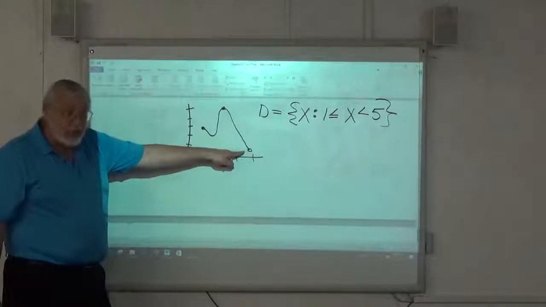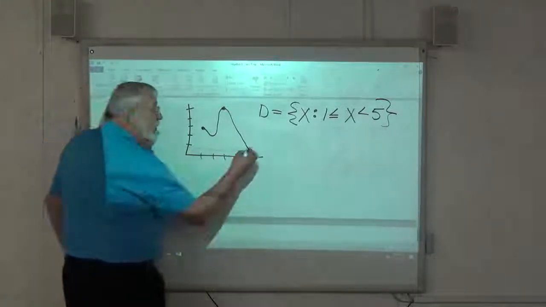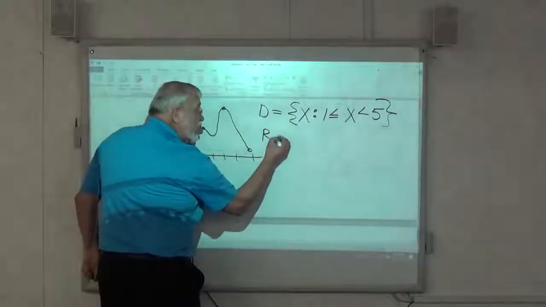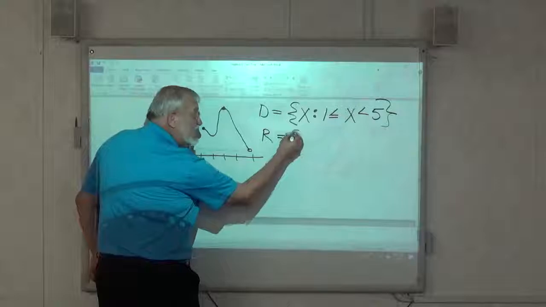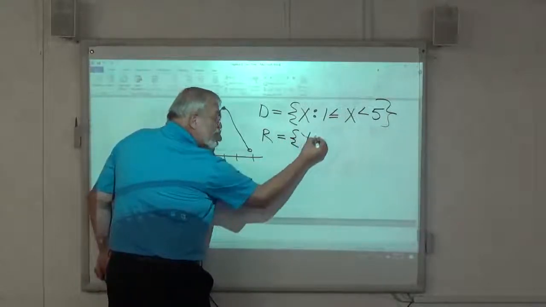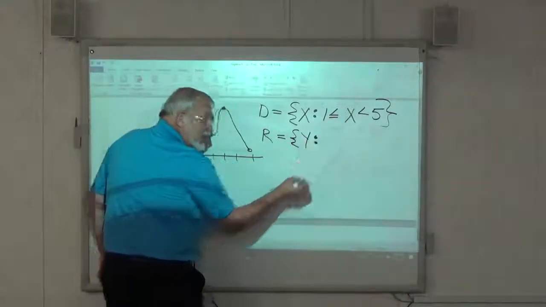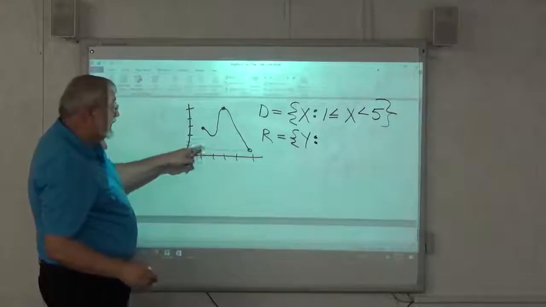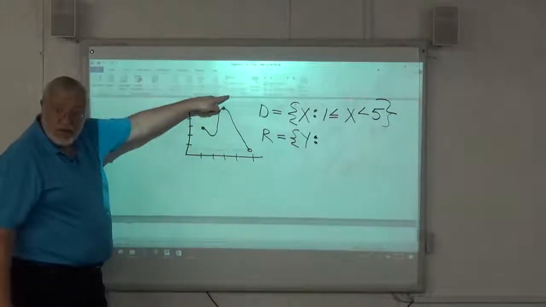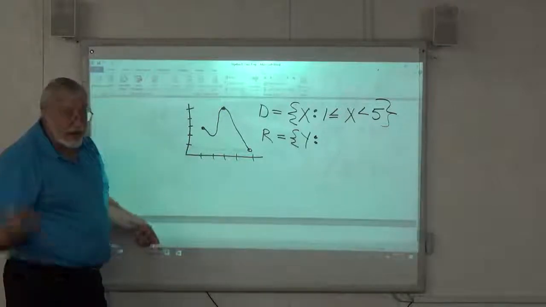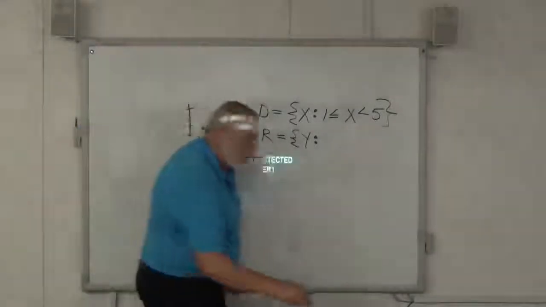The lowest point's an open circle, right? So the range is equal to what? The set of y's such that, now, y has to be, you do it, I know how to do this.